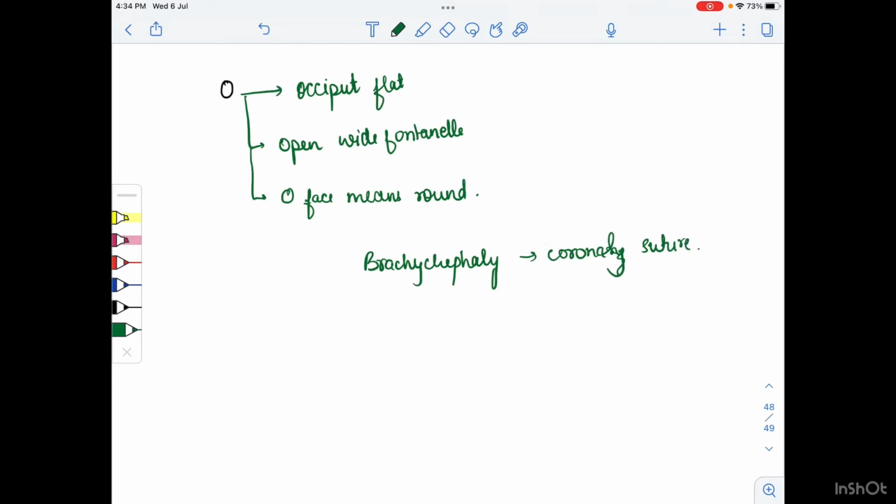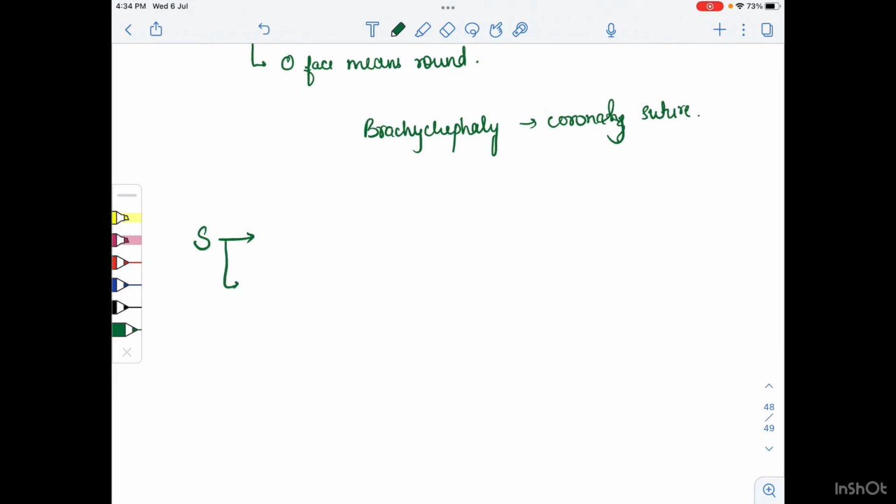Now the another letter, S stands for side, and here also we have three features from the letter S. The first one is single palmar crease, that is also known as simian crease. As in our hands there are two lines, but in Down syndrome children there is only one line, that is simian crease. Another S stands for sandal gap.